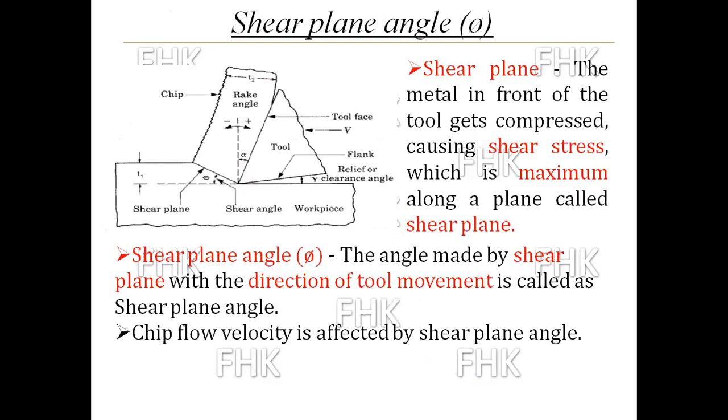Now come to the next definition, shear plane angle, which is denoted by phi. First of all, see what is shear plane. The metal in front of the tool gets compressed. This is tool, and the material in front of the tool is, you can see, in the form of chip. This gets compressed, causing shear stress, which is maximum along a plane called shear plane.